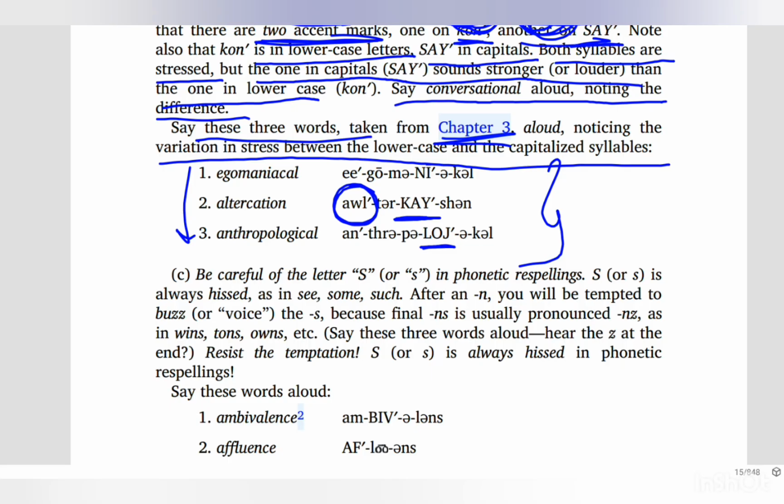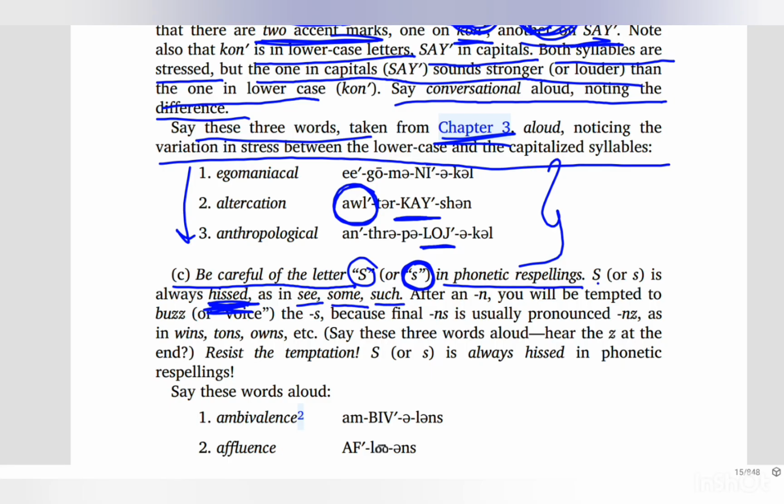Now moving on to the third part, that is be careful of the letter capital S, which is similar to small s in phonetic respellings. S is always hissed like the sound of a snake, as in see, some, such.